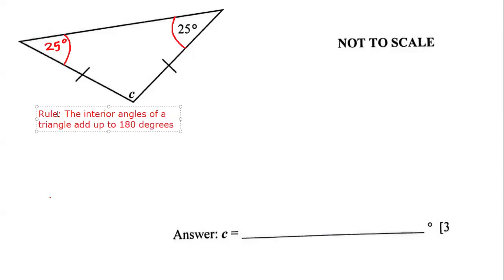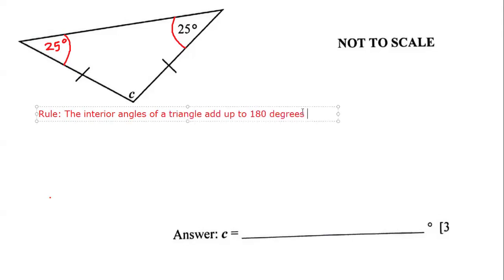Very good. The interior angles of a triangle add up to 180 degrees. And so that's the rule. That means that 25 plus 25 plus C must all add up to 180 degrees.